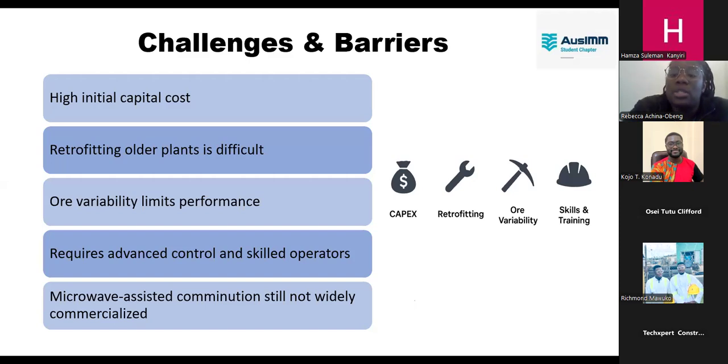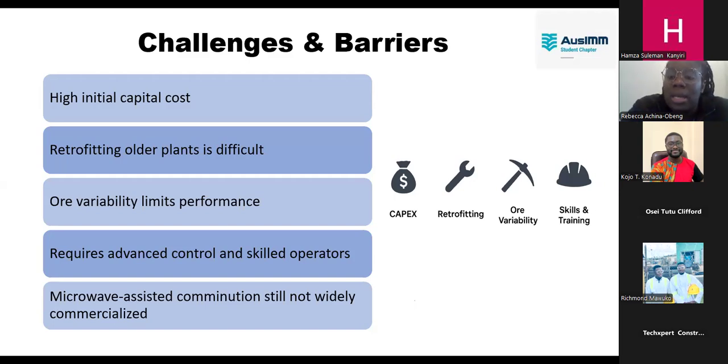Ore variability is also a key issue over here. Like I mentioned, technologies like the HPGR or ore sorting perform best under stable feed characteristics. You have to be sure about the characteristics of the feed you're introducing into the comminution equipment or machine.